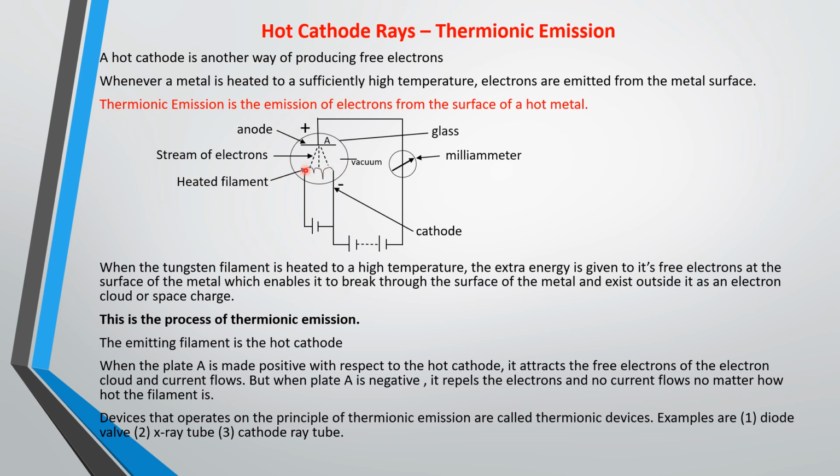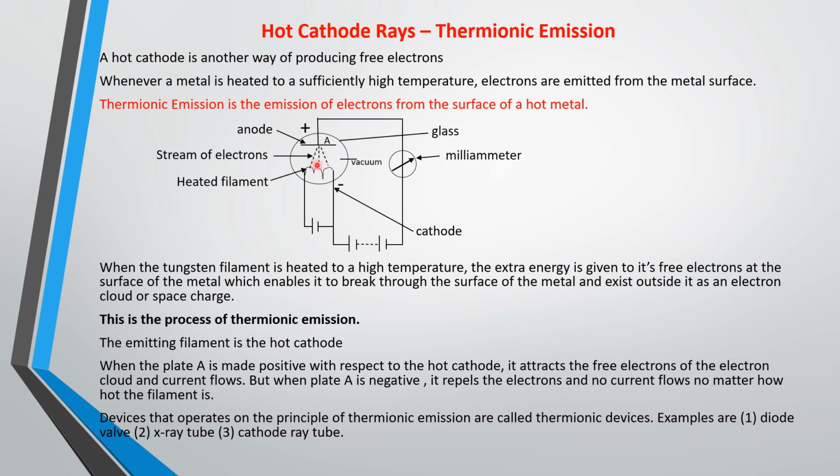They break out from the surface of the metal, and they now exist as an electron cloud within this space. These electron clouds are now attracted to this positive anode.